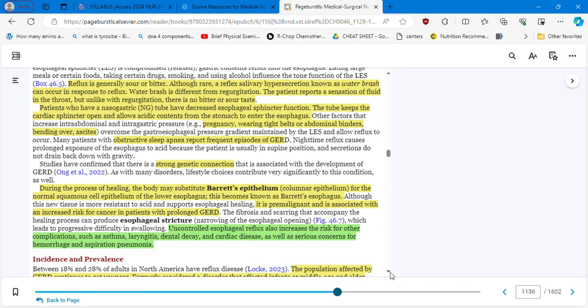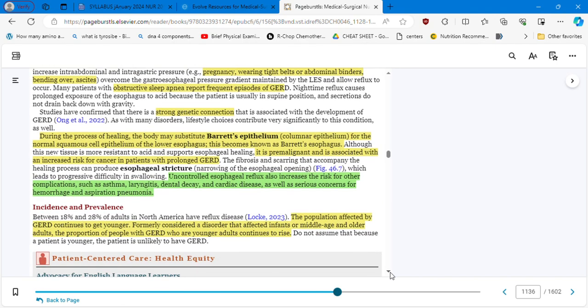During the process of healing, the body may substitute Barrett's epithelium, columnar epithelium, for the normal squamous epithelium of the lower esophagus. This becomes known as Barrett's esophagus.